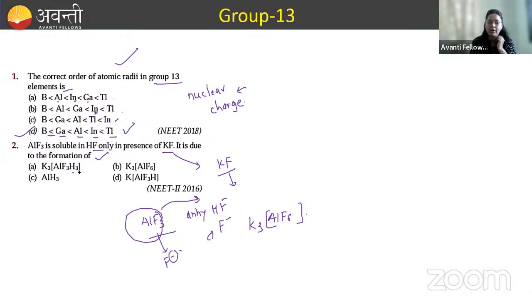Which is that complex? This is not the complex, yeah, this is the complex. So our option is option B. This was the question: AlF3 is soluble in HF only in presence of KF. Why? Because F minus becomes soluble. Any doubts regarding this question?